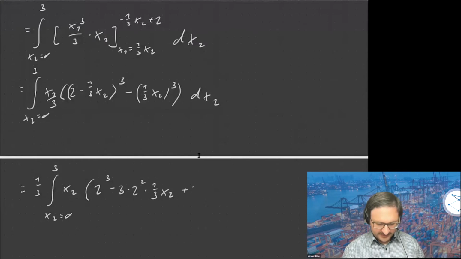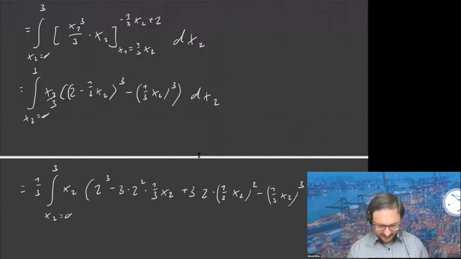Then we have plus 3, 2 to the power of 1 times 1/3 x2 to the power of 2. And finally, we get minus 1/3 x2 to the power of 3. So that is this first expression here. It's just a generalized binomial formula. And that last expression here, that is just 1/3 x2 to the power of 3 dx2.